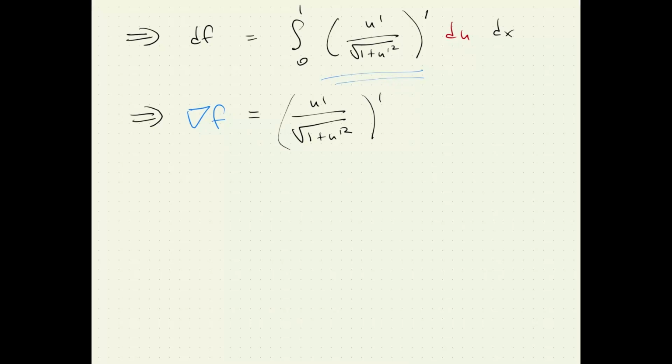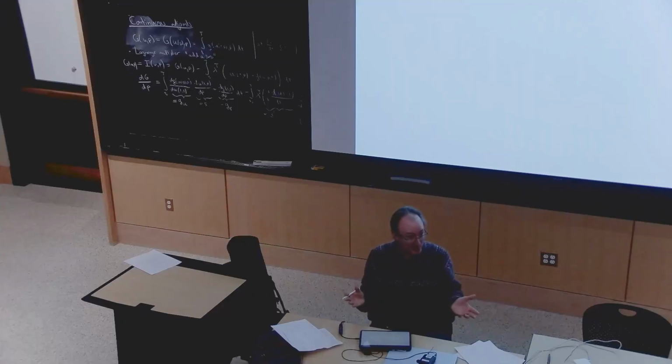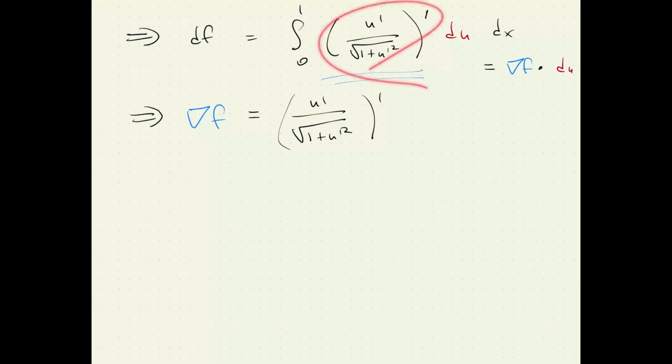Does everyone see that? This df had better be the dot product of grad f with du. I integrated by parts, turned my u primed into a du, and set boundary conditions to fix the boundaries, so the boundary terms disappeared. What I have left is just a dot product of this with du. So I can think of this as the gradient.